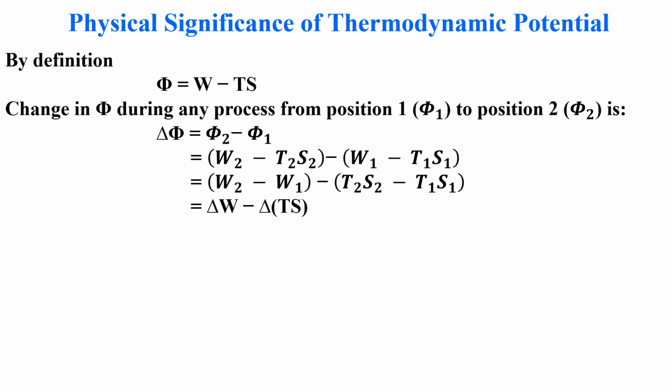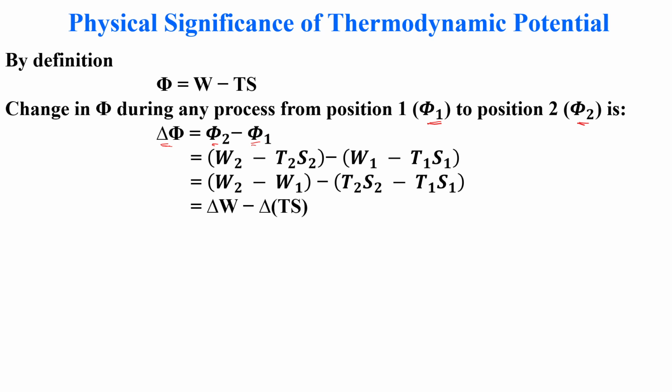Next is the physical significance of thermodynamic potential. By definition, phi is equal to W minus TS. Now the change in phi during any process from position 1, let it be phi 1, to position 2, let it be phi 2, is represented by delta phi, which is equal to phi 2 minus phi 1: the value of phi at the final point minus the value at the initial point.